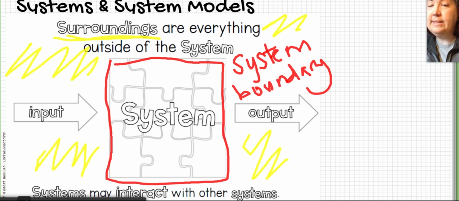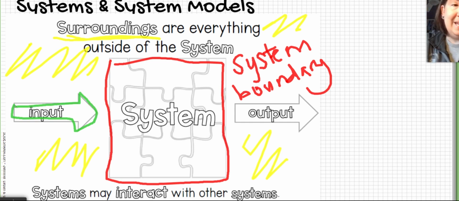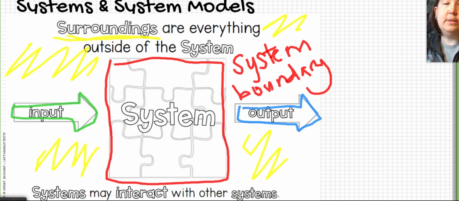All right. Next up, we have our inputs. Inputs are what are going into the system from the surroundings. And then we have our outputs. That's anything coming out of our system.